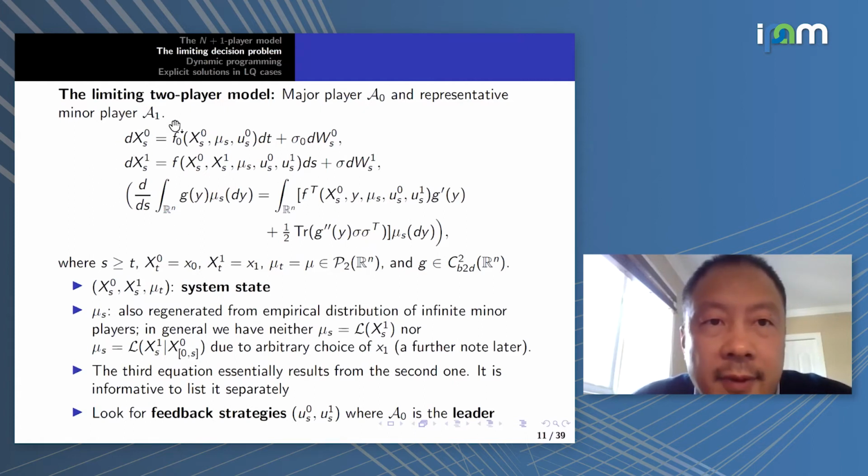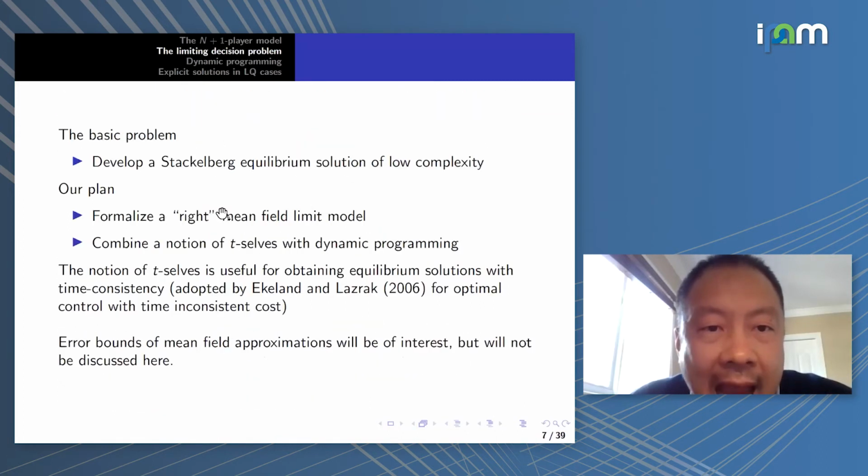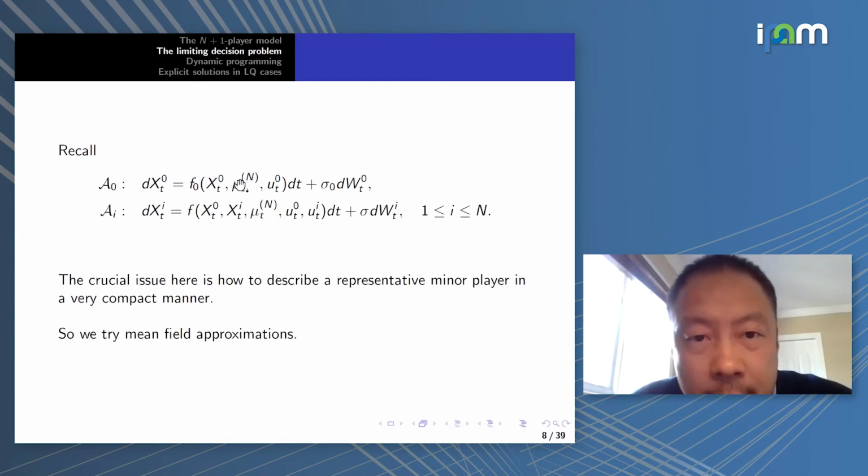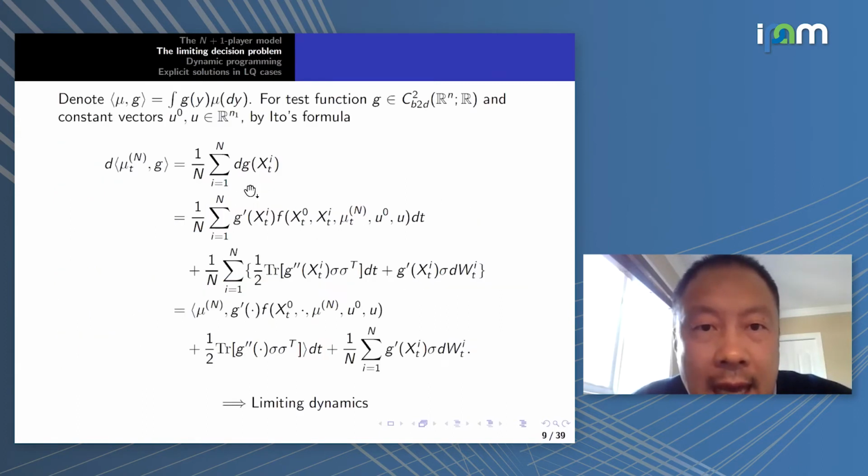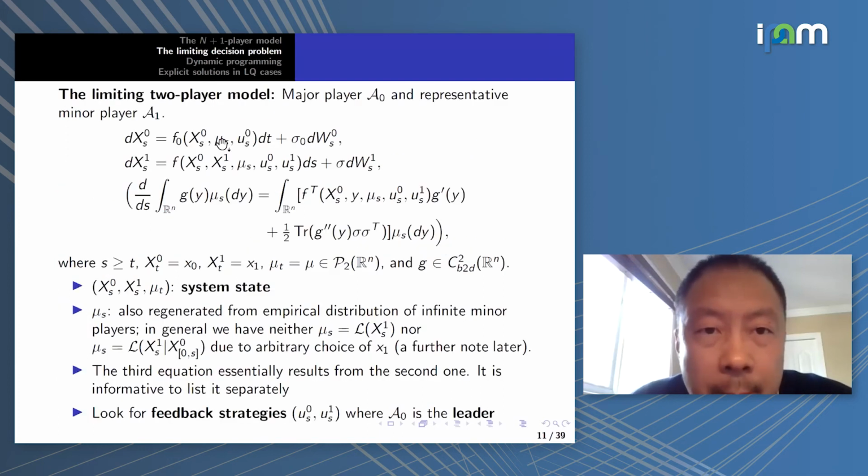We have the SDE of this major player and the SDE of the minor player. At this point, we have already replaced the actual empirical distribution by this limiting object. Recall that in the actual model we have the empirical distribution. Now we replace it by this distribution mu s.